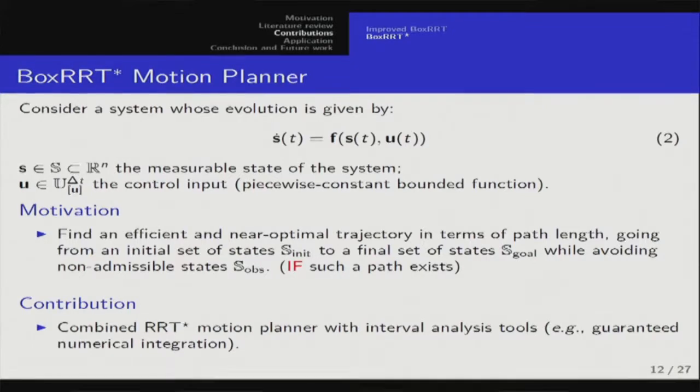And we wanted to find a sequence of control inputs which can lead the robot from an initial set of states to a final set of states while avoiding obstacles, but in an efficient and near optimal distance. The path needs to be an optimal path.